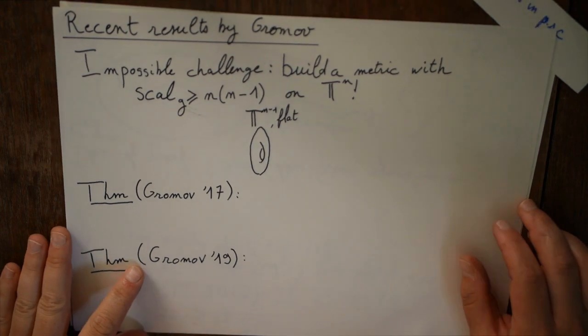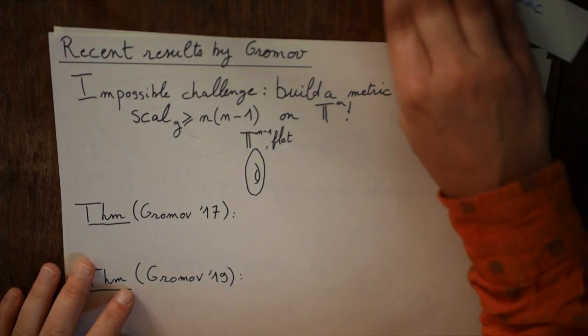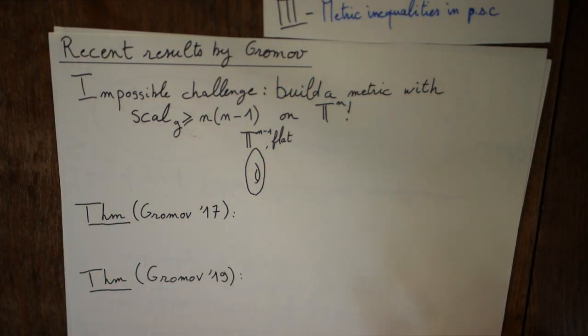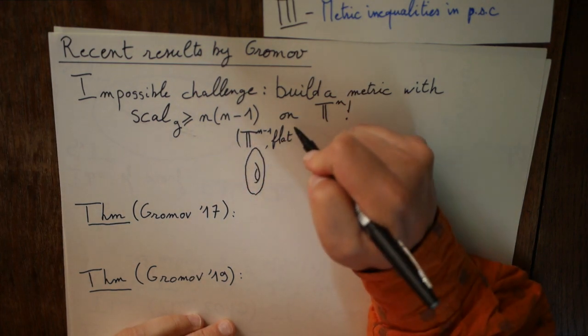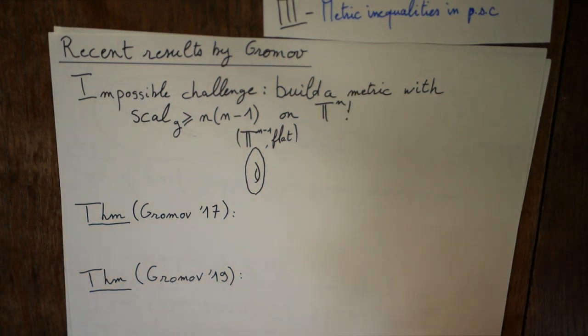First, an impossible challenge by Gromov would be to build a metric with positive scalar curvature, let's say greater than that of the sphere, on the torus. We know that it's not possible since at least Schoen and Yau and then Gromov and Lawson. But let's try anyway, and let's make the stupidest of assumptions.